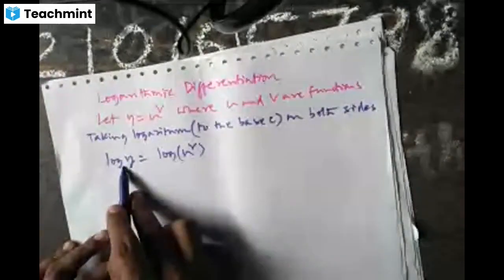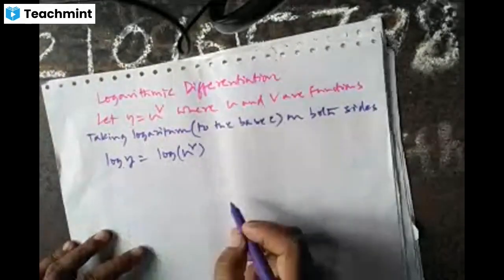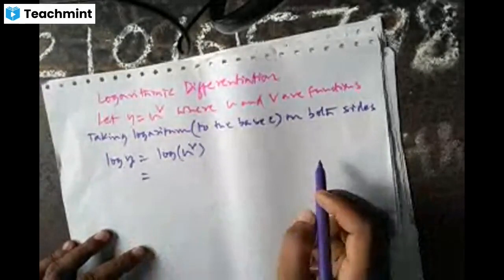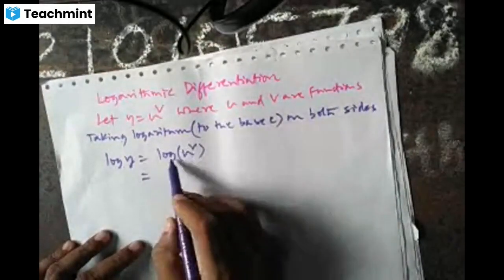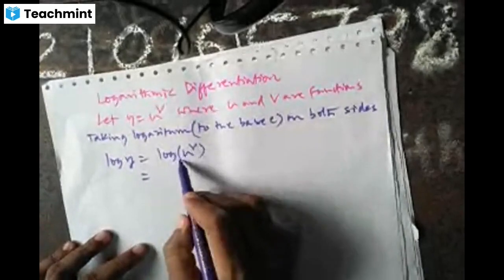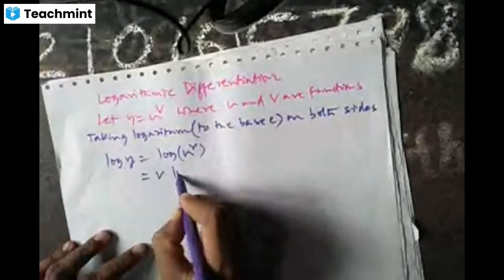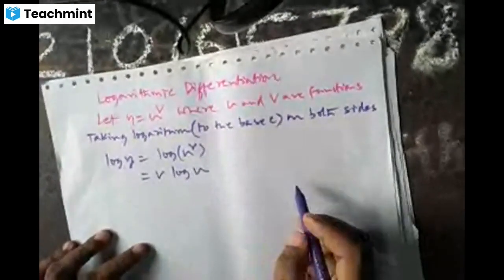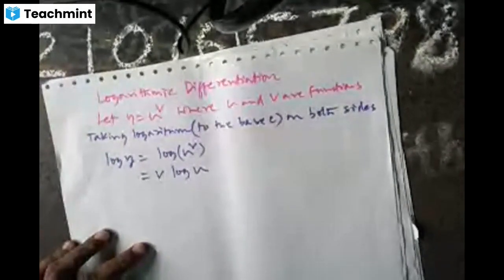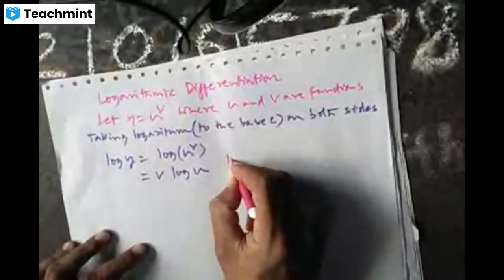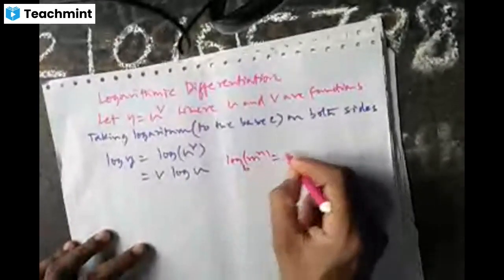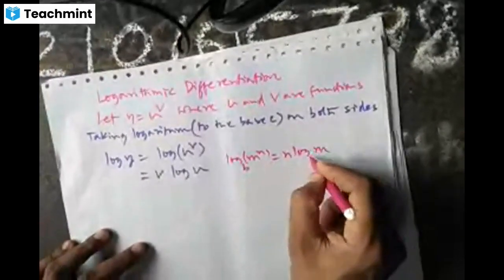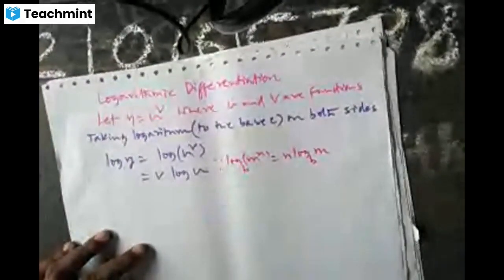Here I have not written the base. Your base is actually e. So this is equal to, using one of the properties of logarithm, v into log u to the base e, correct? I have used the property log m per n to the base b is n into log m to the base b. Okay.